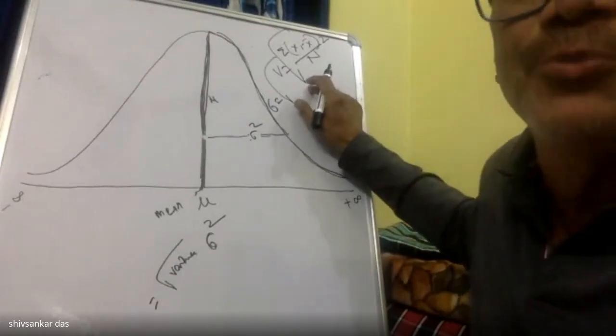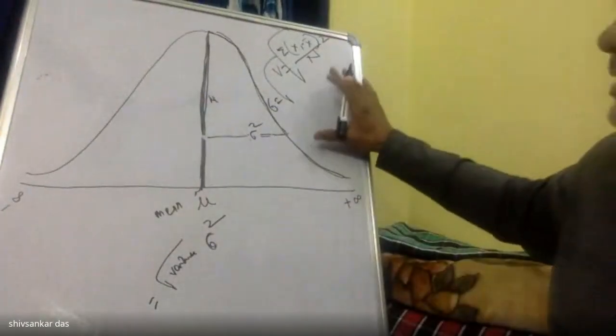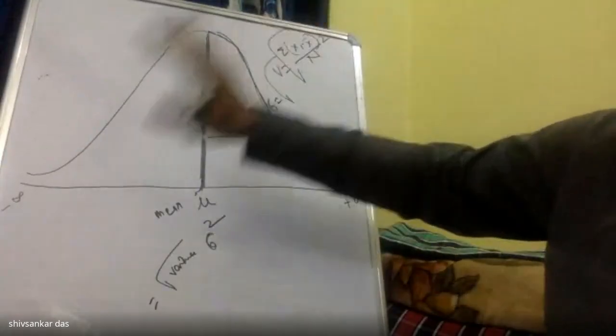Sir, this formula, please again. I'll explain you tomorrow. Tomorrow I'll take probability, but before probability I'll explain a little bit: what is standard deviation, what is variance, what is mean, etc. All these things.